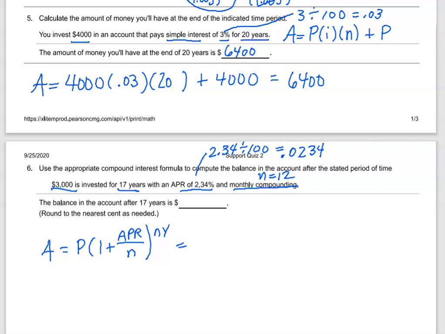Okay. So our principal of $3,000, and then 1 plus our APR, which we calculated was 0.0234 over N, which this is compounding monthly, which is 12 times a year, raised to the N times Y, so it happens 12 times a year, and they told us that we're doing this for 17 years.